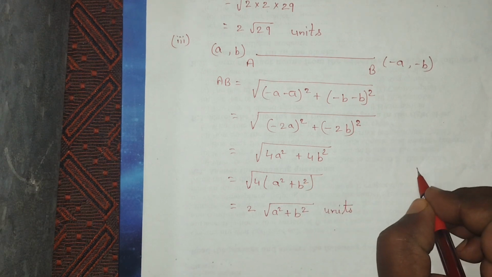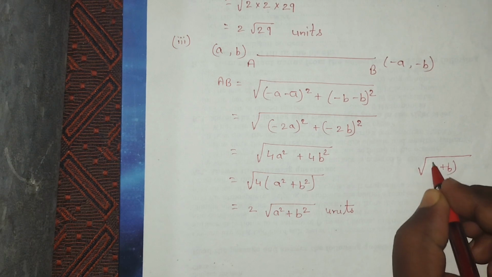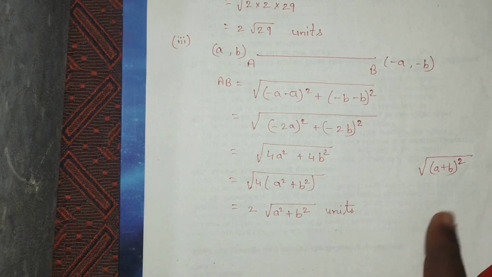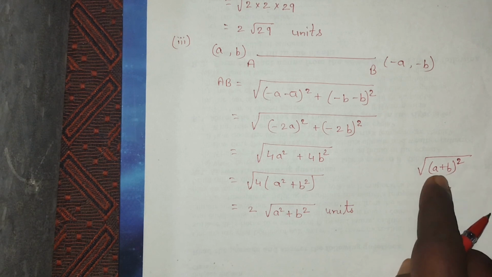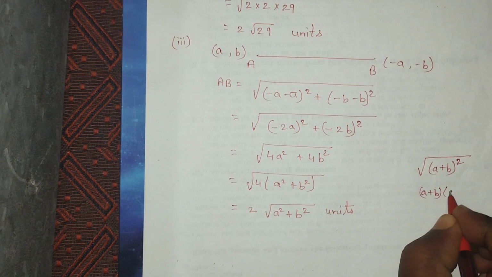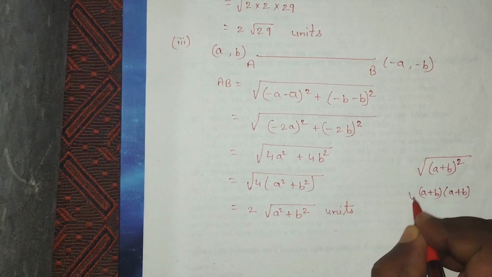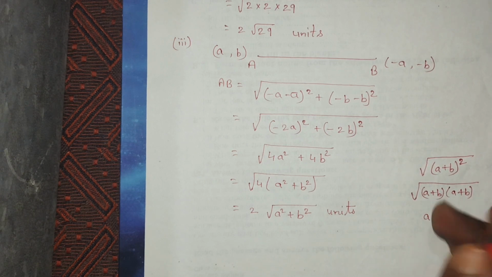Look here, a plus b whole square. If you get things like this, then this means a plus b into a plus b under root. Then you can take out one set of a plus b.